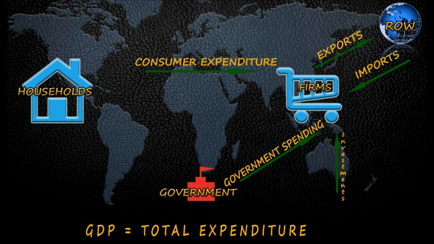Now, expenditure is the purchase of final goods and services bought by households, firms, governments, and foreigners. The keyword here is final and not work in progress goods.